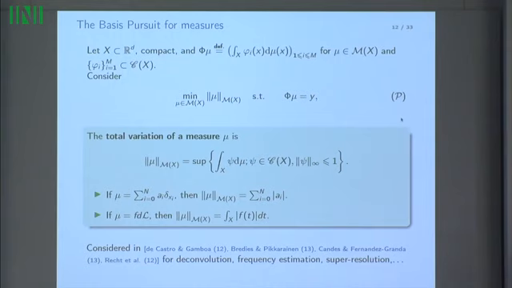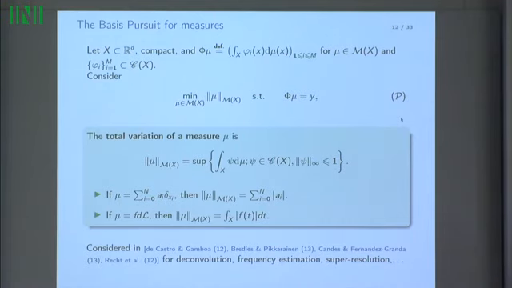Just to remind you, the total variation of a measure can be defined like this, by duality on the set of continuous functions equipped with the L infinity norm. And it's really the continuous basis pursuit, because if you consider a discrete measure that is a sum of n Dirac masses, the total variation of mu is just the L1 norm of the amplitudes vector.